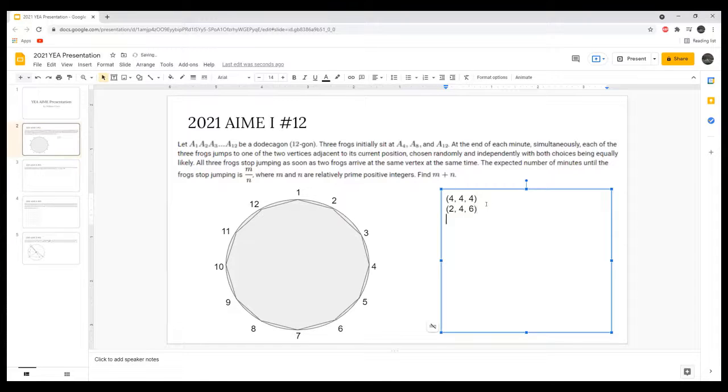And I'm sorry, there's actually only 3 possible configurations of frogs.